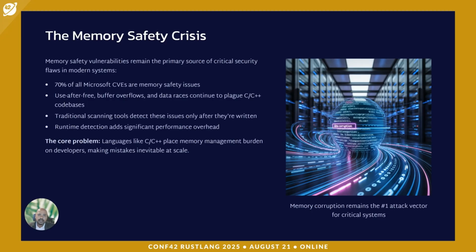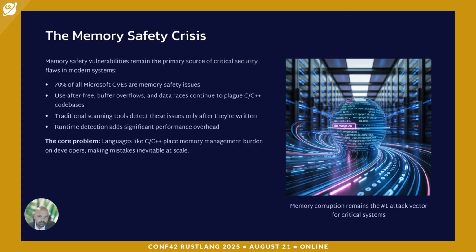Microsoft reports that 70% of its CVEs come from memory safety bugs. Problems like use after free, buffer overflows, and data races plague C and C++, because developers have to manually manage memory. Traditional scanners detect these only after code is written, and runtime monitoring can slow down applications.